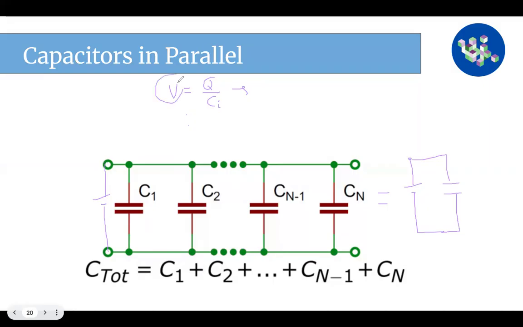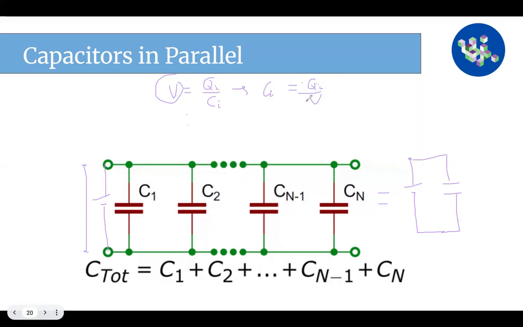Notice that this V is the voltage difference from here to here, and that's the voltage difference across each capacitor, so it has to be the same. And I know that C_i is equal to Q_i, the charge on the ith capacitor, divided by V.